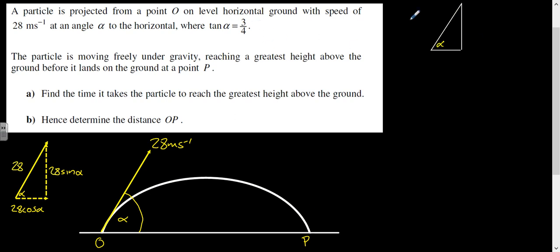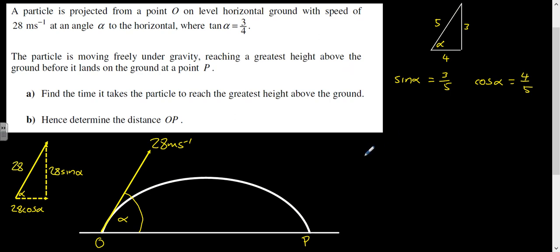We know that tan alpha is 3/4, so opposite is 3, adjacent is 4, which means hypotenuse is 5. And that means we know that sine alpha is 3/5, and we know that cos alpha is 4/5. That's just a little trick to help you get sine alpha and cos alpha. It doesn't really relate to the question other than to generate these two values. The right-angled triangle before is way more important because it gives us our horizontal and vertical components.